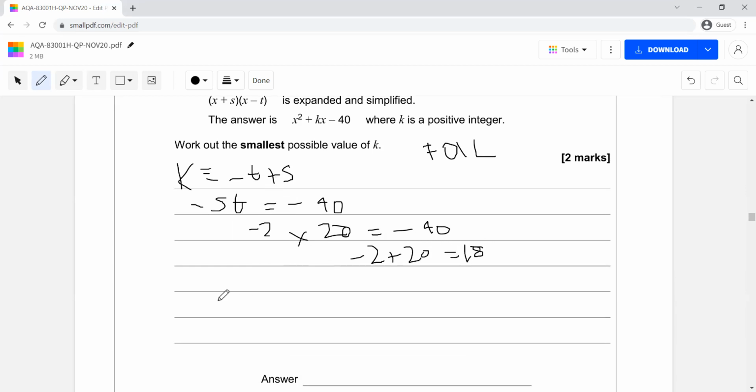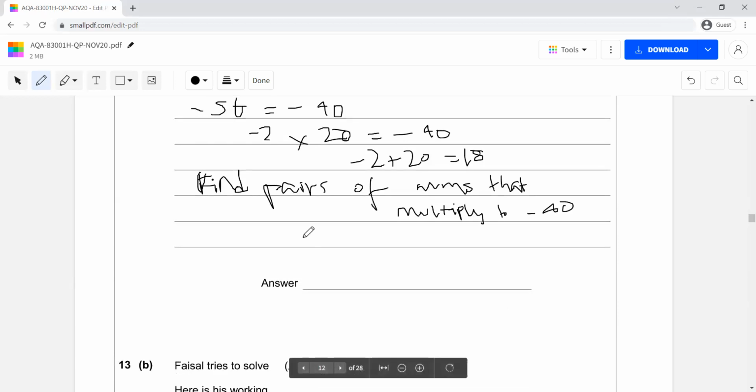Right? So basically, step one is finding pairs of numbers that multiply to negative 40, and then finding the sum of the two numbers.